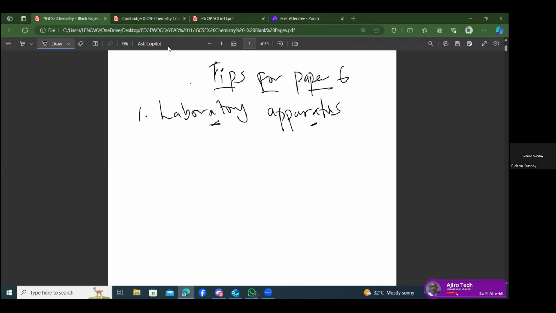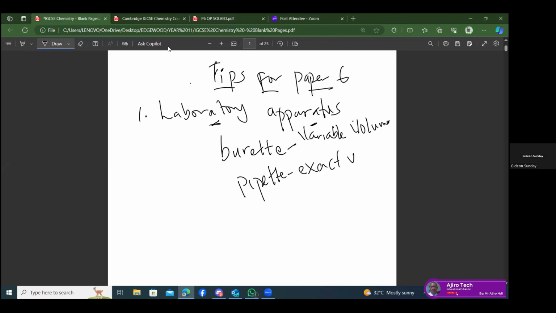What makes the burette a suitable apparatus is that it has a variable volume. So the burette measures variable volumes, while the pipette measures exact volume.